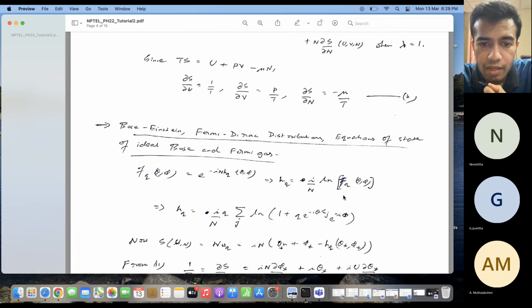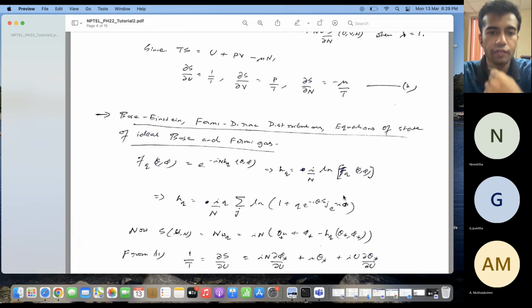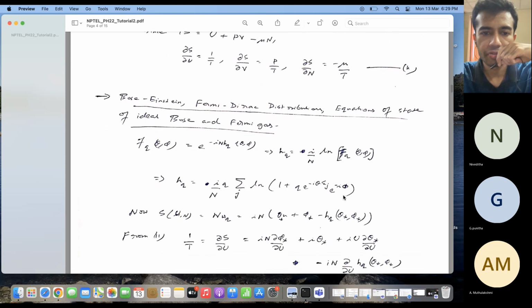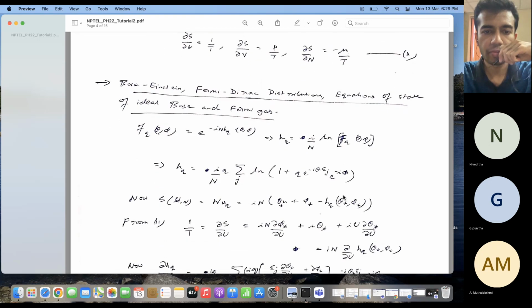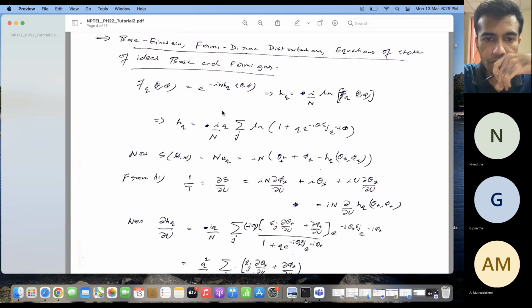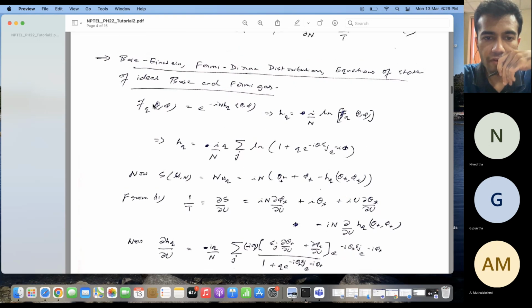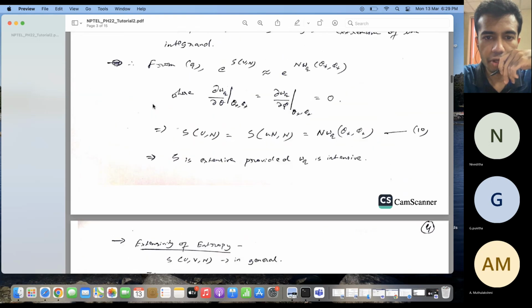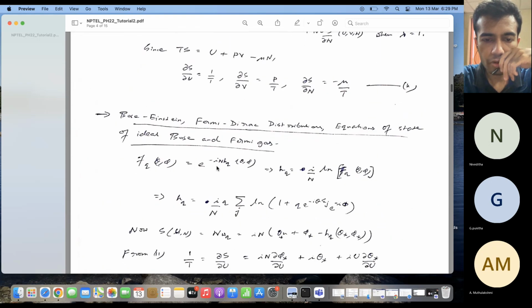So then I will move on to the derivation of the Bose-Einstein and Fermi-Dirac distributions and the equation of state for ideal Bose and Fermi gas. Okay. So we had seen that f of q, this expression which we saw over here, it is equal to e to the power minus I n hq.